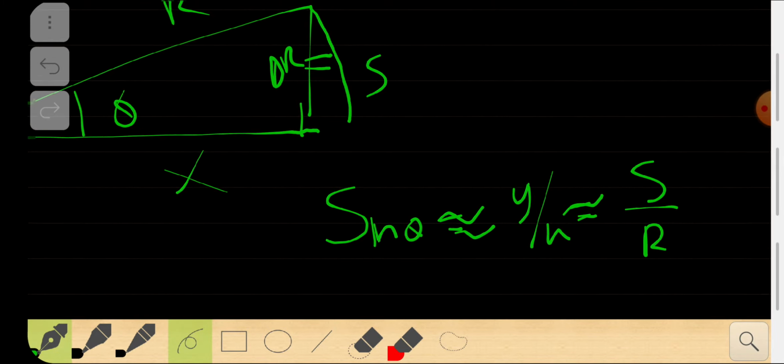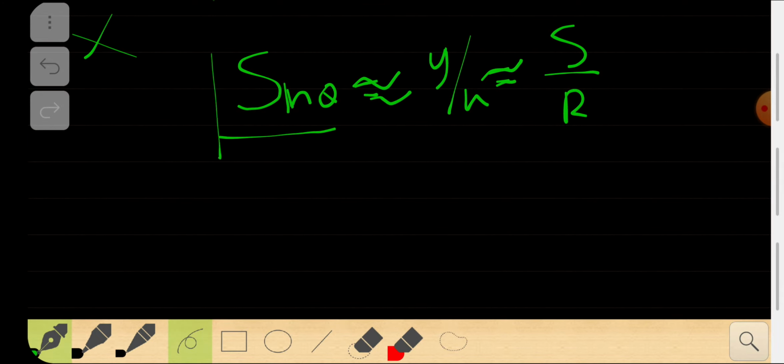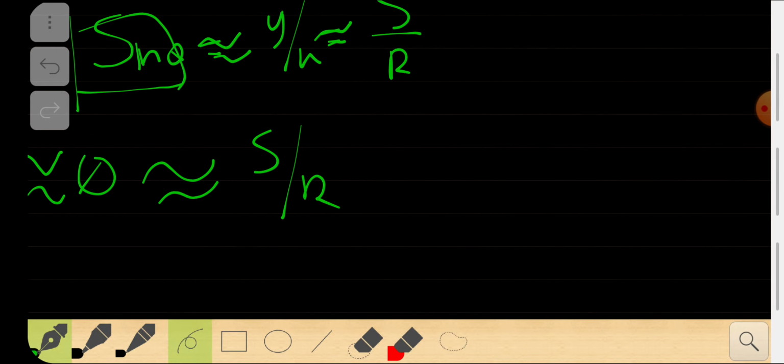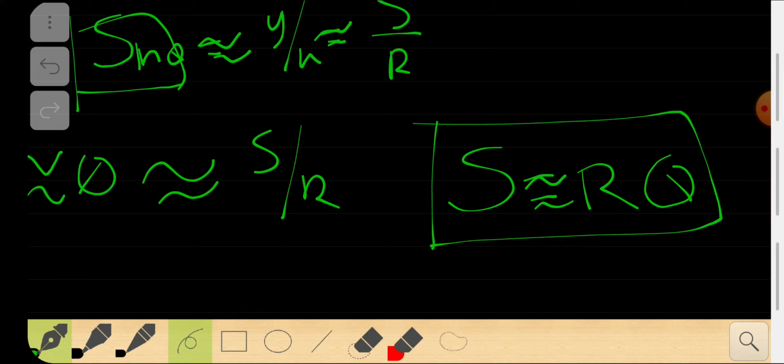So s is the arc length, which is s by r. So theta is equal to, using small angle approximation, sine theta approximately equal to theta. So that means theta is approximately equal to s by r, and you can say that arc length s must be approximately equal to r theta. So that's how you can find the arc length.